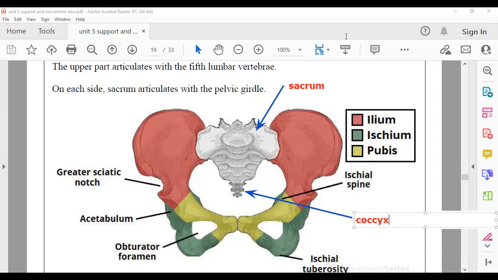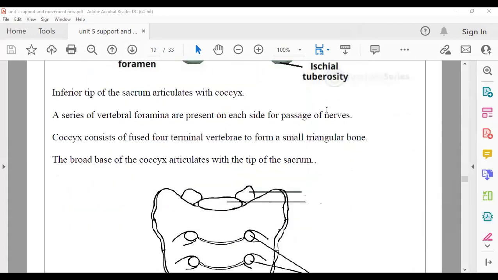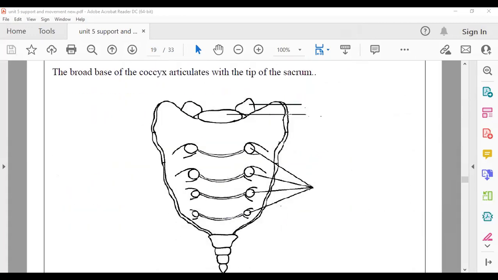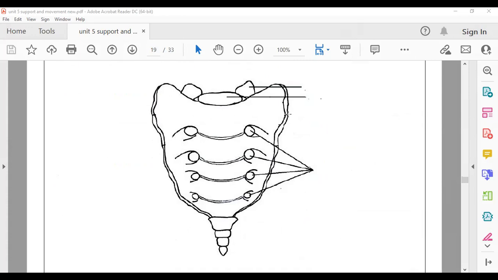Yes, sir. Good. So if you take the sacrum, this is the picture I think is given in your textbook, right? Here, what are the parts to be labeled? Let's label it. What is this? Articular process. That's all written.